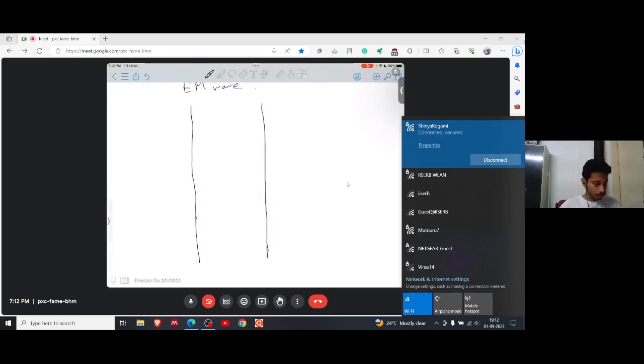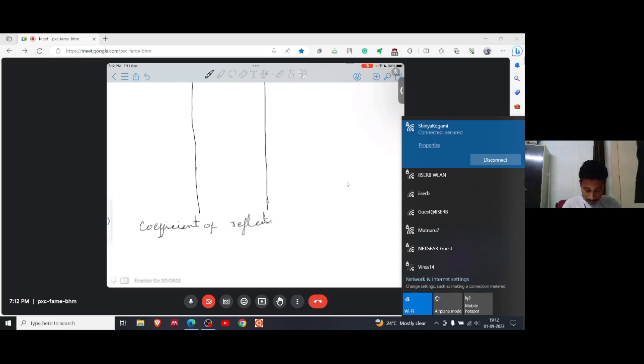The condition for these two reflecting surfaces is that they have the same coefficient of reflection, equal to r, and the same coefficient of transmission, equal to t.